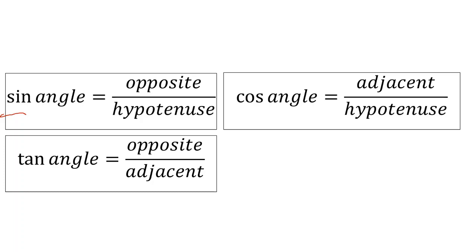The cos ratio, or cosine, refers to the relationship between the adjacent and the hypotenuse, and we'll get to what those are. And then finally, the tan ratio, the tangent ratio, refers to the relationship between the opposite and the adjacent, and we'll get to what those 3 words, opposite, adjacent, and hypotenuse, mean in just a second.